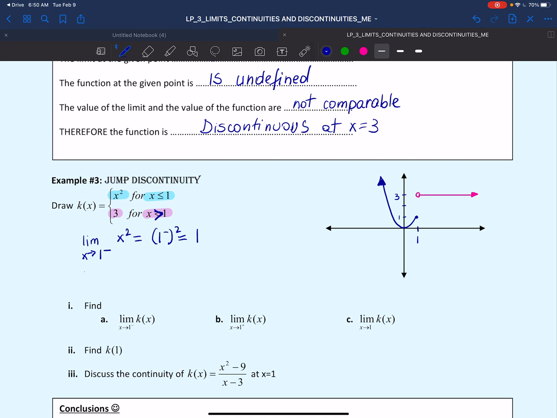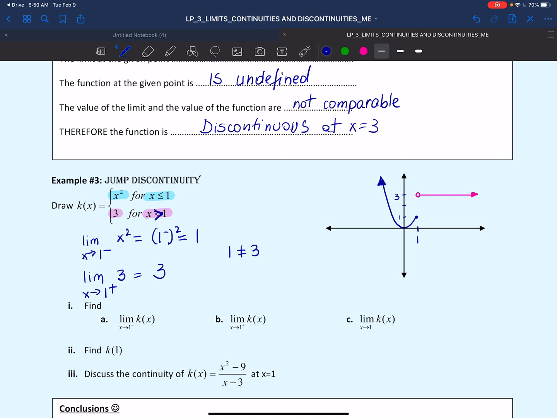So the limit as x approaches 1 from the right, remember that the values of x bigger than 1 to the right of 1 are in this domain, which means we must use this equation. That would be equal to 3. This is the limit of a constant. So 1 is different than 3, right?